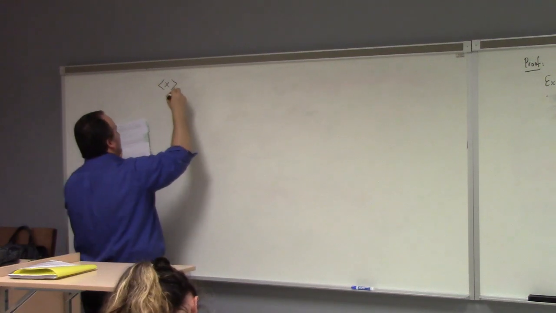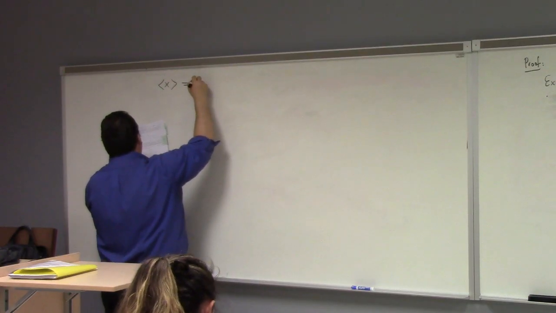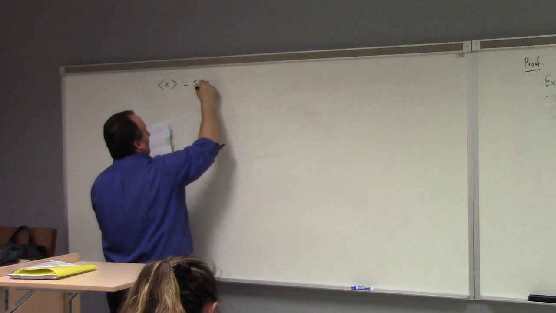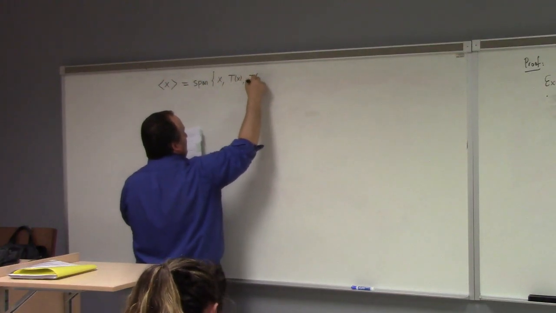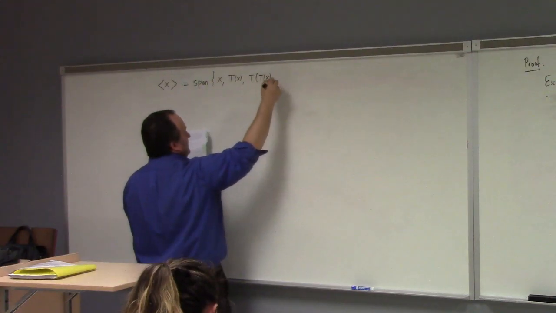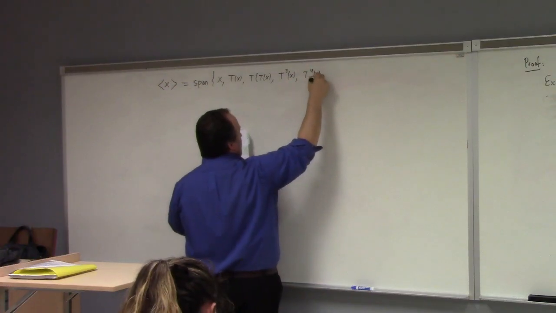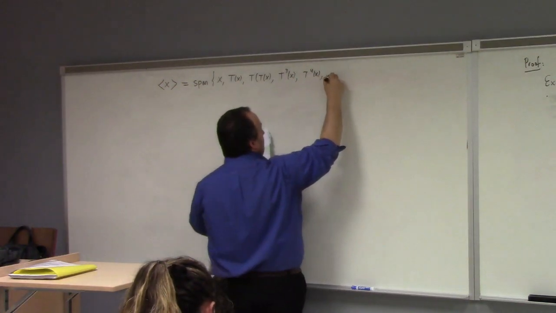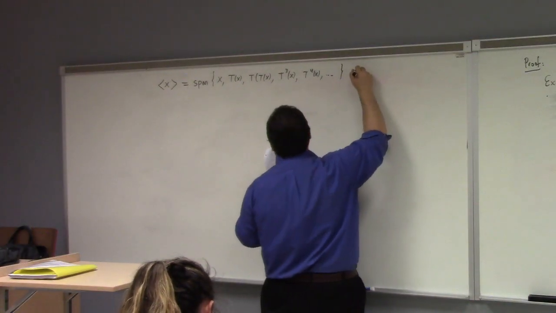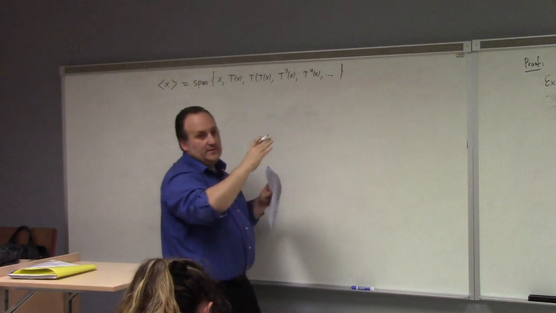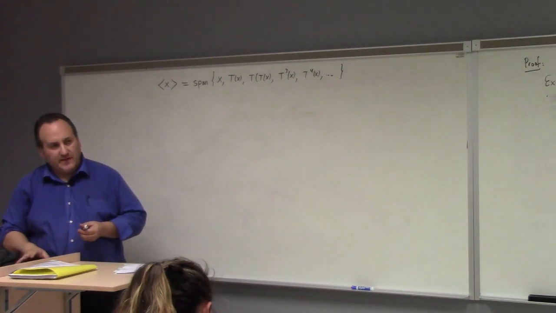What that means for us is the span of x, T of x, T squared of x, T cubed of x, T to the fourth of x. We're going to be here all day, it just goes on. Here again, we're still in the context of T being a linear transformation on a finite dimensional vector space.